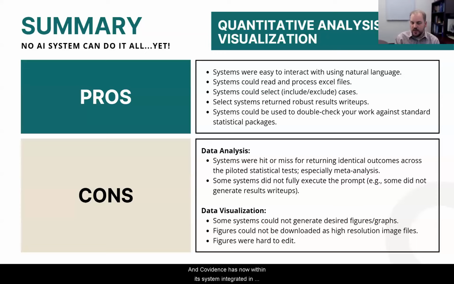And Covidence has now, within its system, integrated an AI component that will help to sort all of the records so that when you're doing the inclusion and exclusion screening process, it's much more efficient, right? Well, that was a system that was kind of the gold standard. So now it's a question of, well, do I still have to disclose that that's AI use? Because it's just embedded into the system now. And even though it tells me that it's using AI, I don't actually know exactly what the AI is doing or how it's doing it. I'm just trusting it at this point, right?